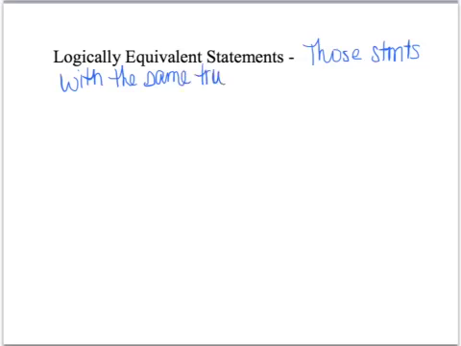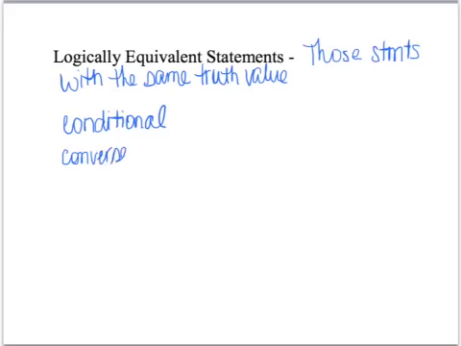Logically equivalent statements, then, are those statements with the same truth value. So if you think about our four main statements that we've talked about, conditional, the converse, the inverse, and the contrapositive.